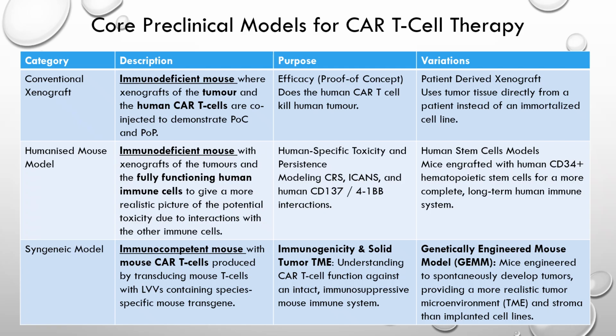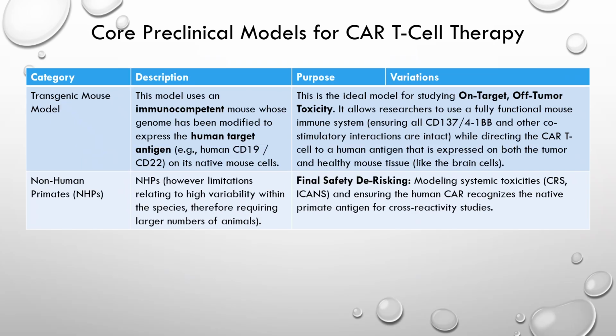So this kind of setup is really to understand how the CAR T cell functions against an intact immunosuppressive tumor microenvironment, and it's particularly useful for our studies because we are armoring LAT202 to deal with the immunosuppressive environment.